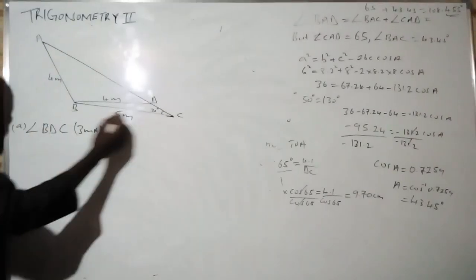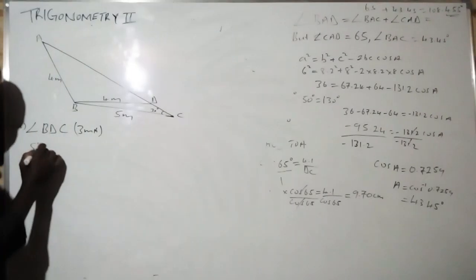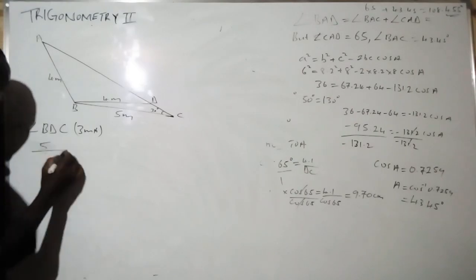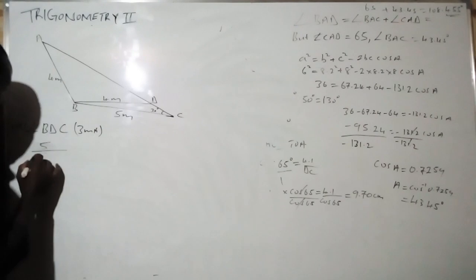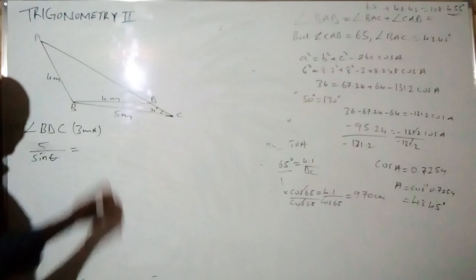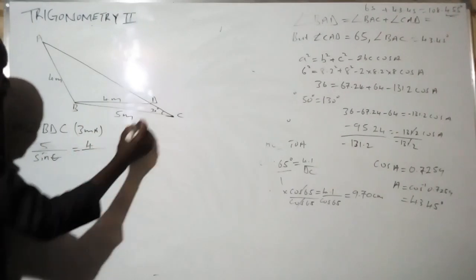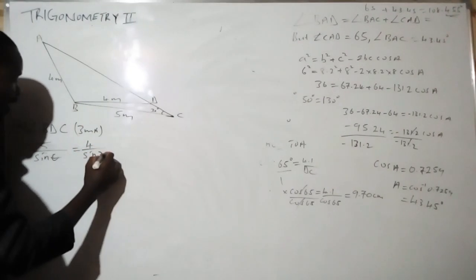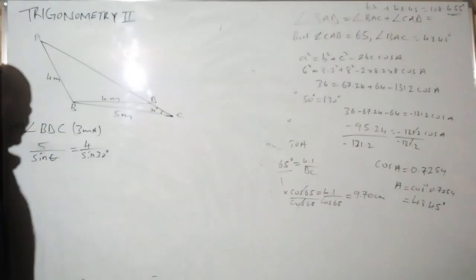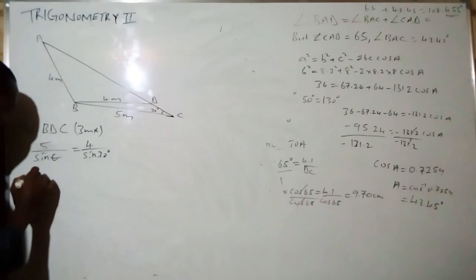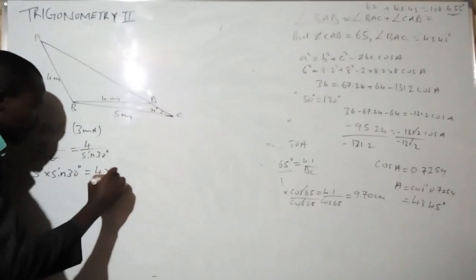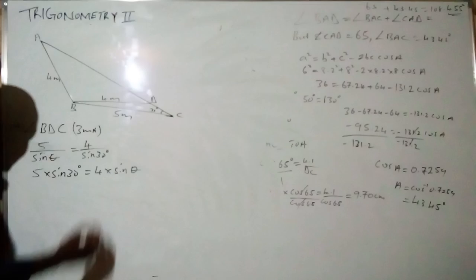We can start with this side: 5 over sine theta, this here which is unknown, is equal to 4 all over sine 30 degrees. We are using the sine rule, then you cross multiply and say 5 times sine 30 degrees is equal to 4 times sine theta. You divide by 4, divide by 4.